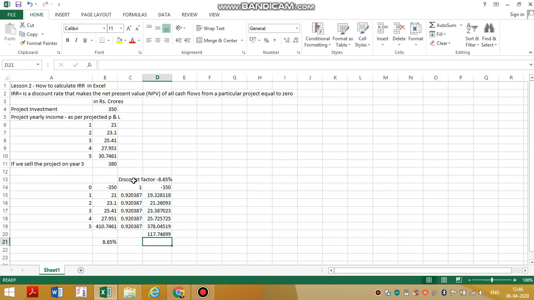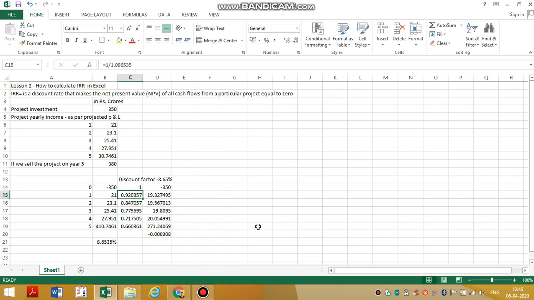Now if we add this, with 8.65%, it's almost what we calculated, and then dividing by 1.0865. See how much we are getting now: 0.00.